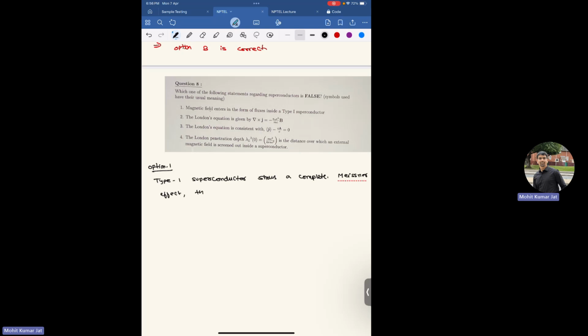They expel all magnetic fields up to the critical field.